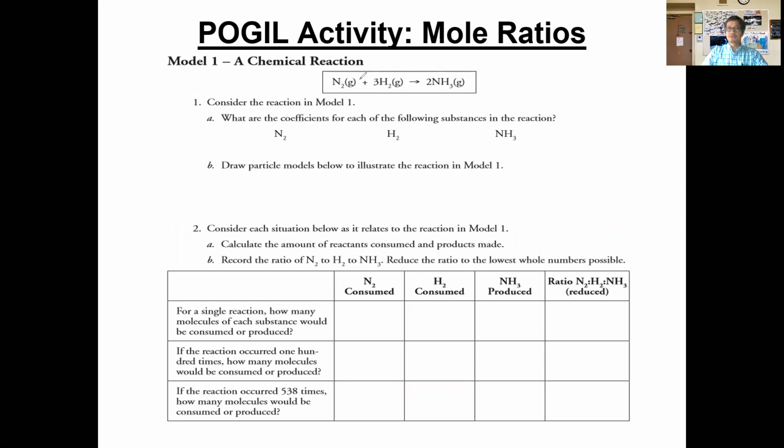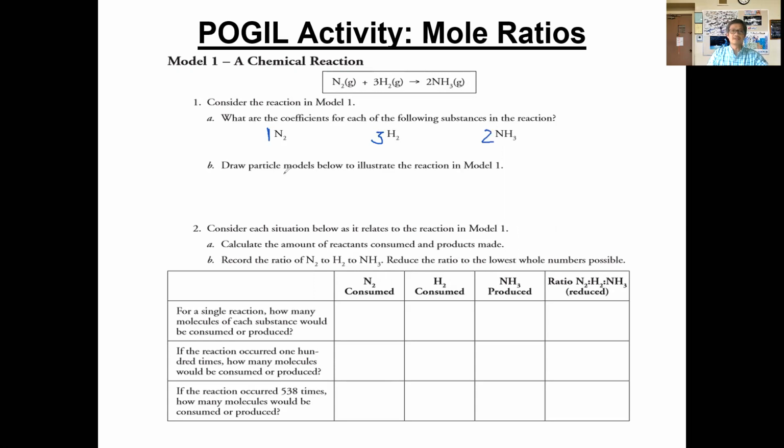We can also interpret this in terms of 2 nitrogen atoms combined with 6 hydrogen atoms to form 2 nitrogen atoms and 6 hydrogen atoms as well. That's how we can use the coefficients. But what are the coefficients of each of the substances here? Let's write this in. It's understood to be 1 here, we have 3 here, and then 2 here. Those are the coefficients that we have.